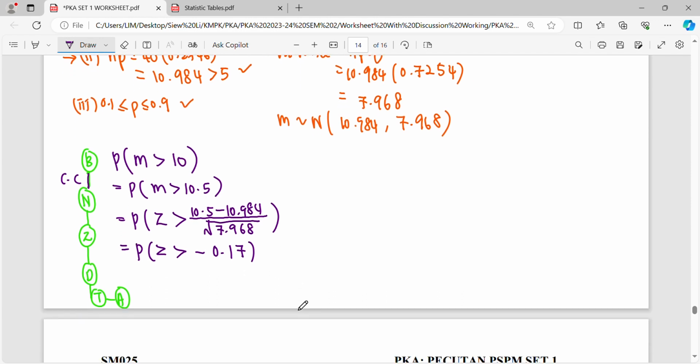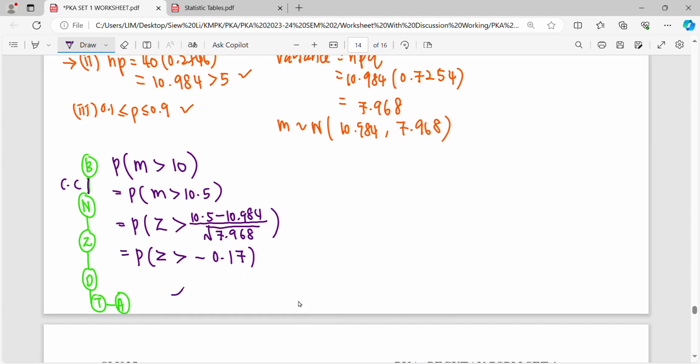So you draw out this region at negative 0.17. More than that means we need to get this region. How to get this region? In the table we only have the tail, so 1 minus the left tail. The negative tail, we read it as positive 0.17.